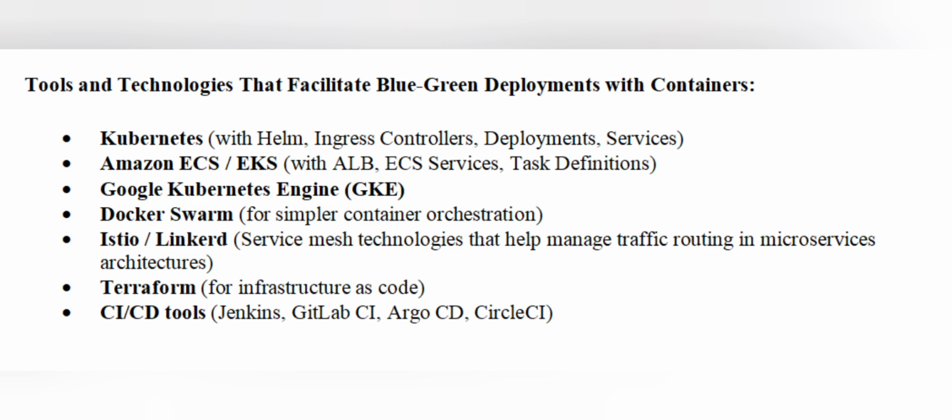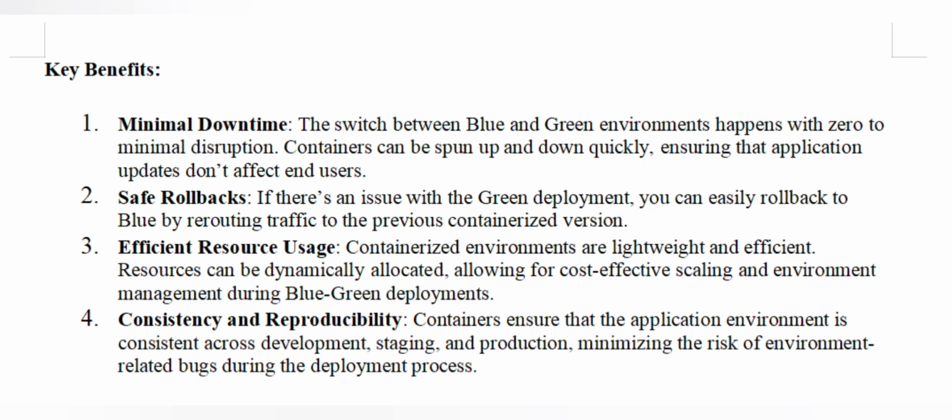Next is Istio or Linkerd, service mesh technologies that help manage traffic routing in microservices architectures. The next is Terraform for infrastructure as code. The next is CI/CD tools like Jenkins, GitLab CI, Argo CD, or CircleCI. The key benefits are minimal downtime, safe rollbacks, efficient resource usage, and consistency and reproducibility.